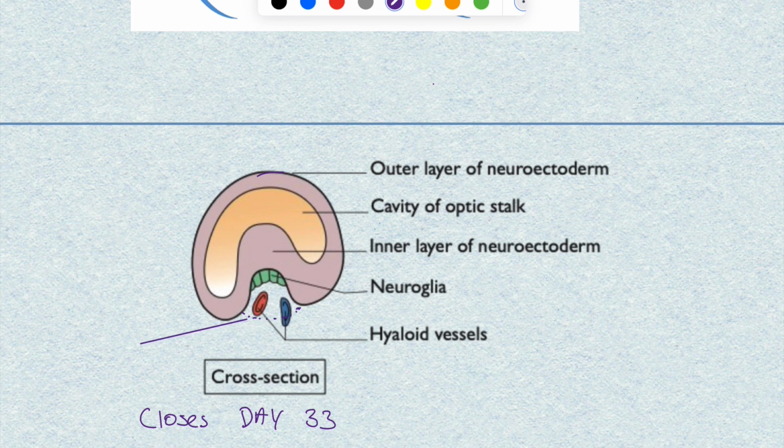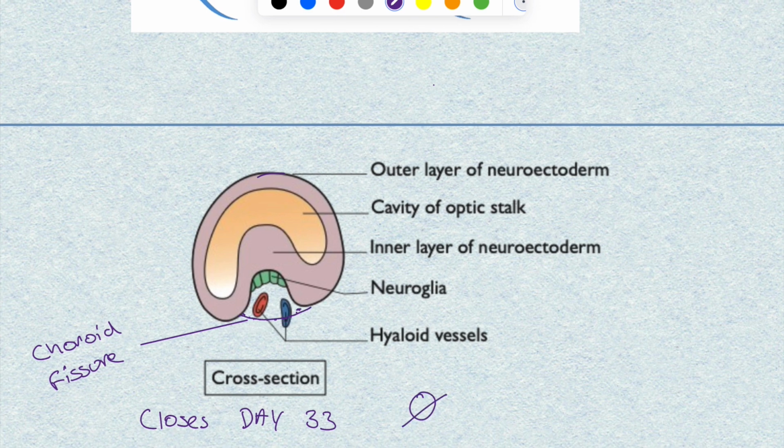This little area we call the choroid fissure. This fissure needs to close to form a fully formed optic nerve which is fully sealed off. And if this doesn't happen, the patient's at risk of lens pit, iris coloboma, etc.